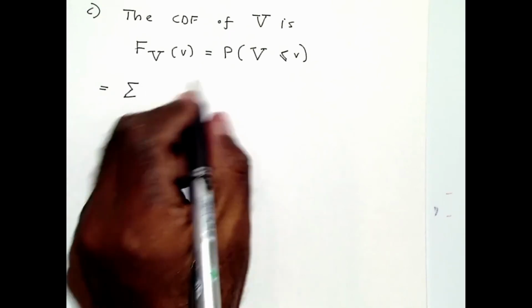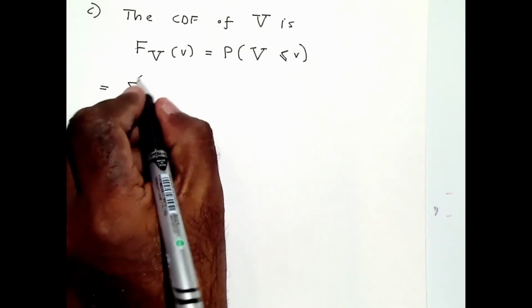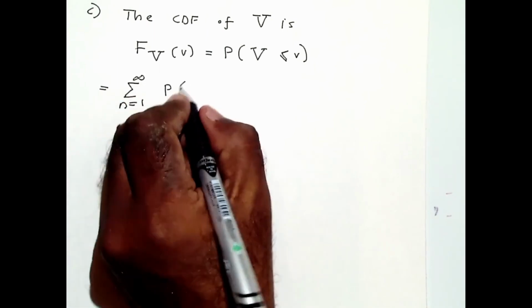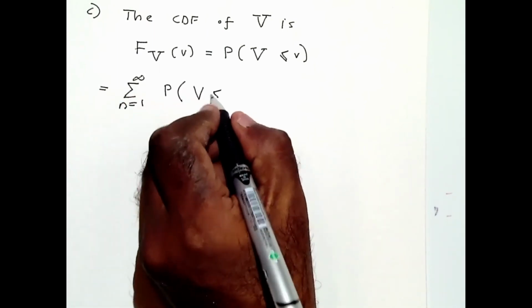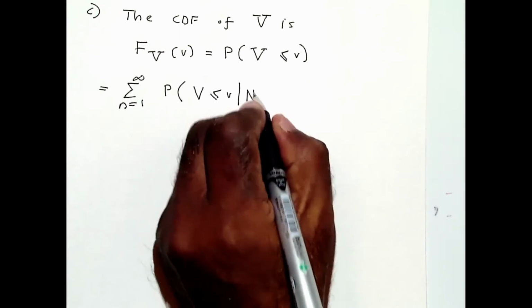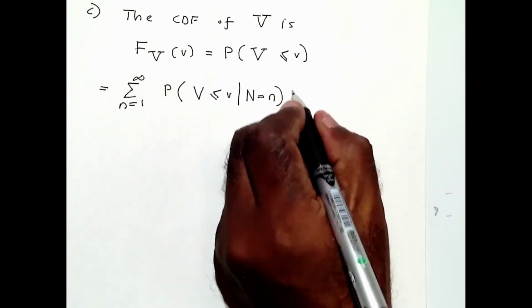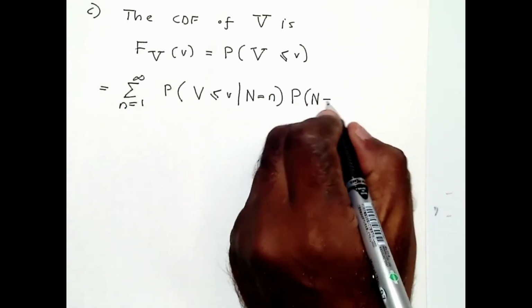So this you can write as the sum from 1 to infinity of the conditional probability of V given n is fixed times the probability of n.